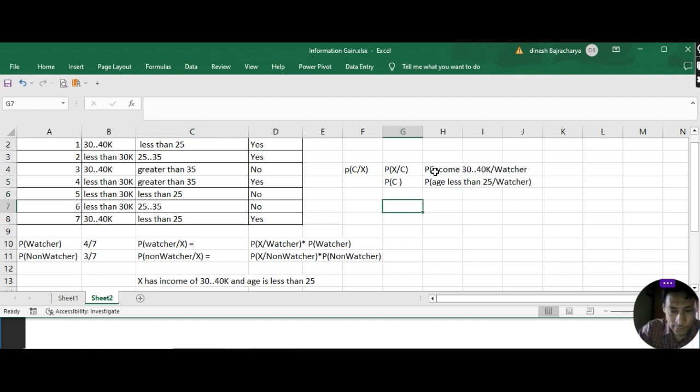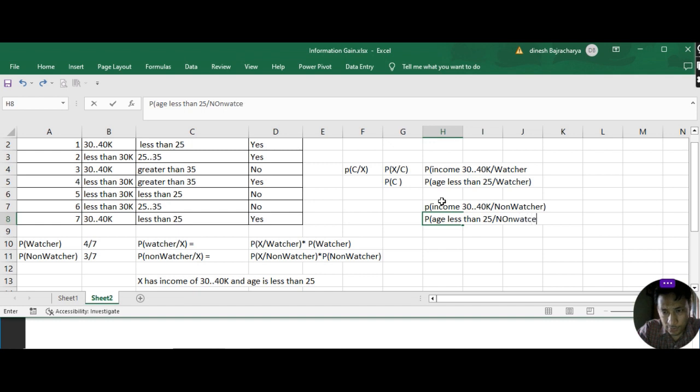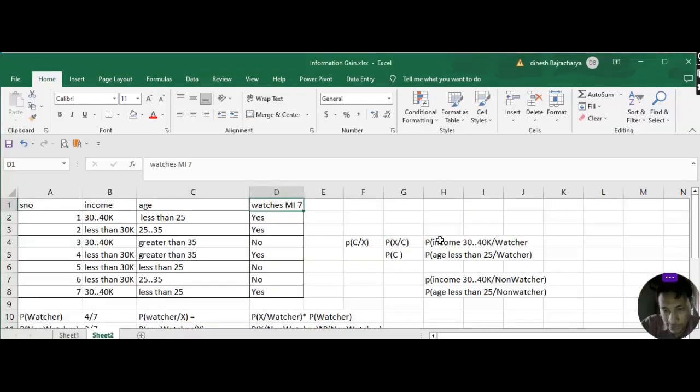Similarly, we calculate for non-watcher: the probability of income 30 to 40k given non-watcher, then the probability of age less than 25 given non-watcher.